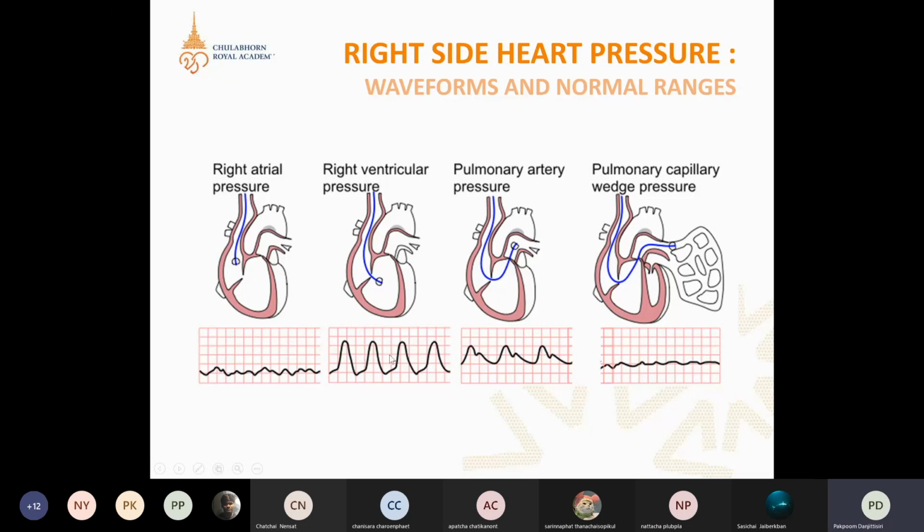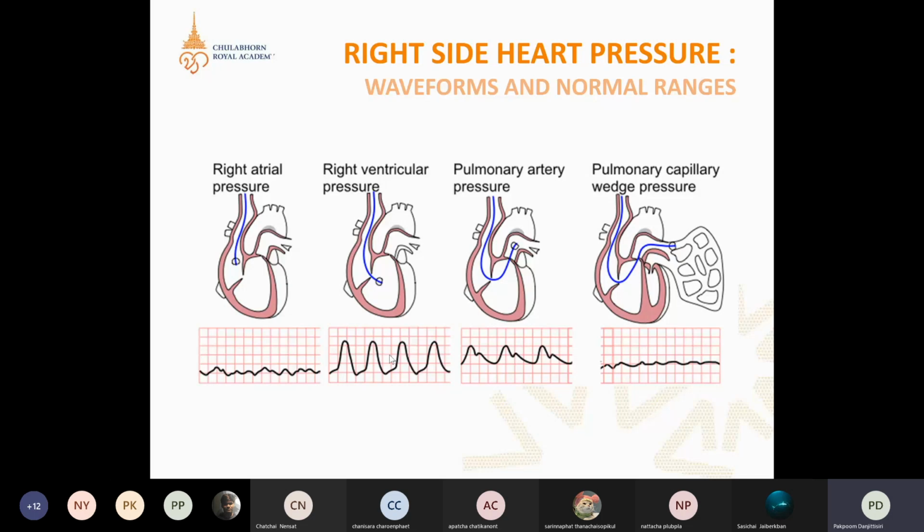like this. The pressure waveform of the right ventricle will look like the pressure from the left ventricle, but a bit different, because the pressure from the right side of the heart is much lower than the left side.